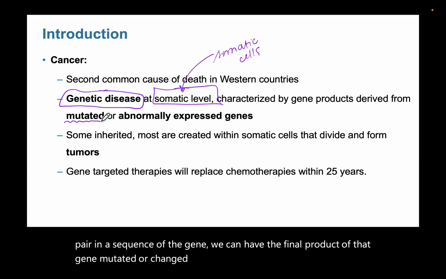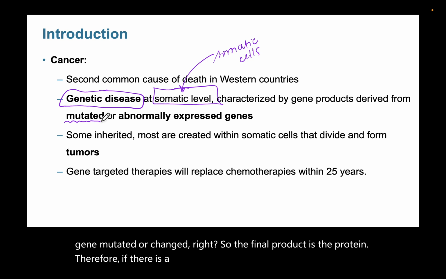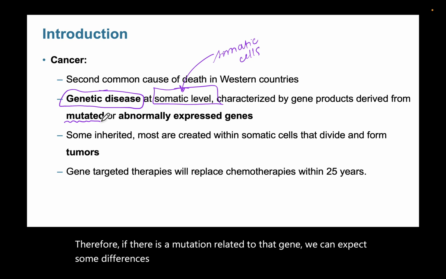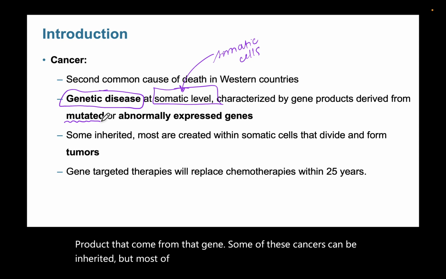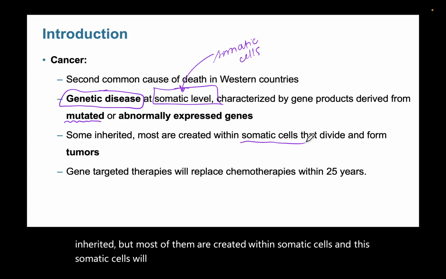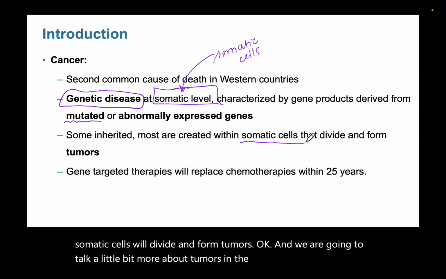The final product is the protein. Therefore, if there is a mutation in that gene, we can expect some differences in the protein that comes from that gene. Some of these cancers can be inherited, but most of them are created within somatic cells. These somatic cells will divide and form tumors, and we are going to talk a little bit more about tumors in the next few slides.